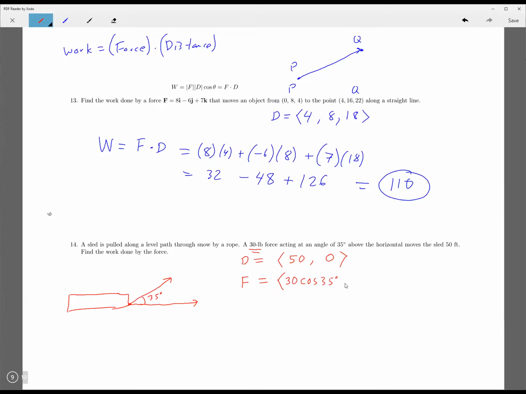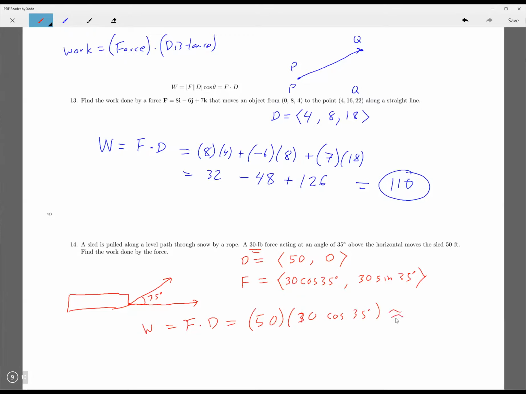Perfect. That's great. And then your vertical component is 30 sine 35, but who really cares, because you're going to take the dot product, right? And there's a 0 there, so that's just going to go away. Okay, so work is the force dot product with the distance. That's just going to be 50 times 30 cosine of 35 degrees.